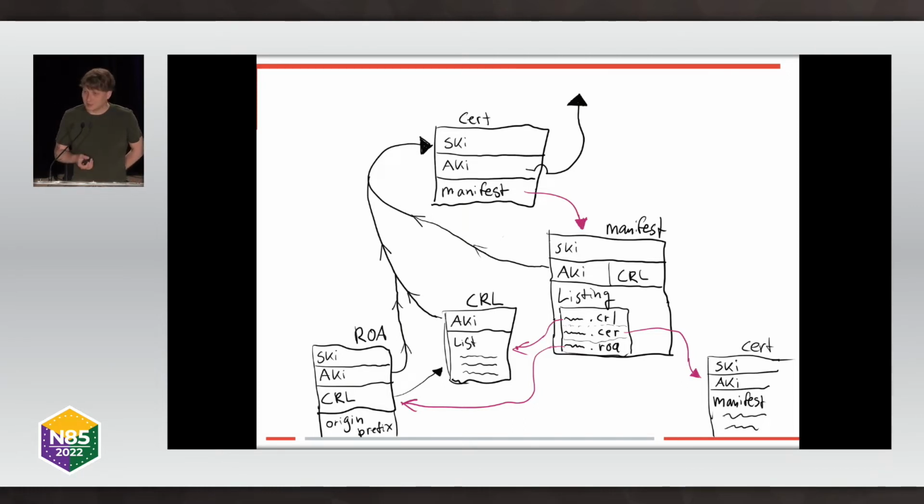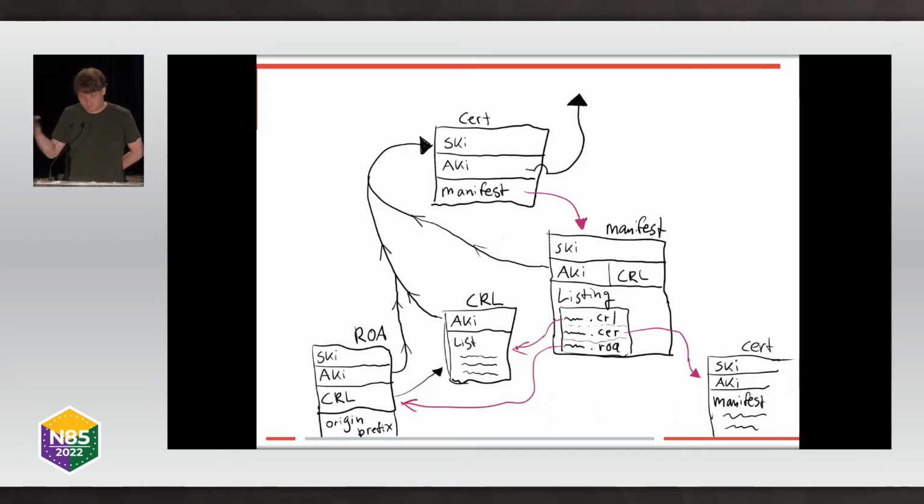Now, a certificate also contains a pointer to a manifest. And a manifest is a listing of files that belong together. And the manifest itself also has an EE X509 certificate. So all these signed objects, the reason they're called signed is that all of them carry signatures that you can validate in a relationship to other objects in the RPKI ecosystem.